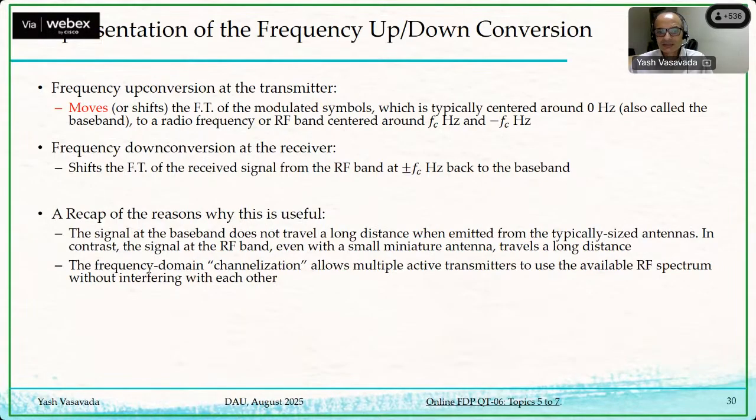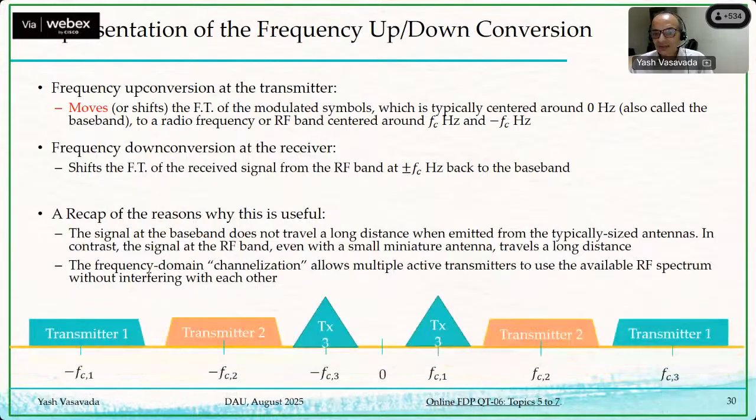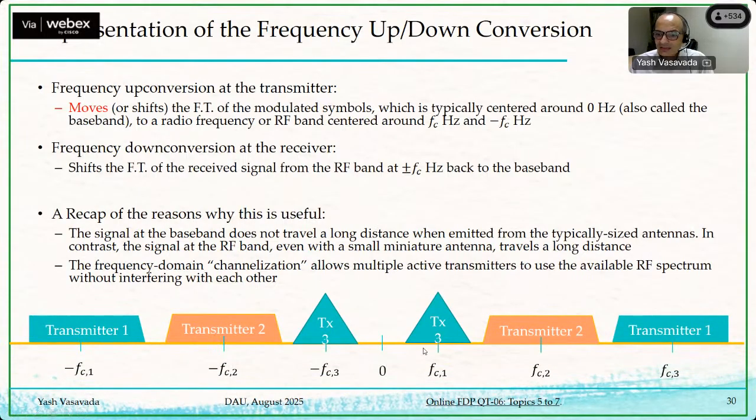Now, one other thing, remember I said that you can do frequency division multiplexing because of this operation, is that suppose one base station is simultaneously connected to, let's say, 4 or 5 different phones. The base station will allocate slightly different frequencies to those phones. And so because of that, the transmissions remain non-overlapping in the spectral domain, as you can see.